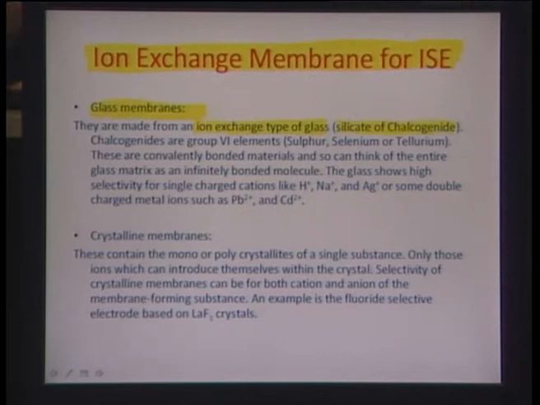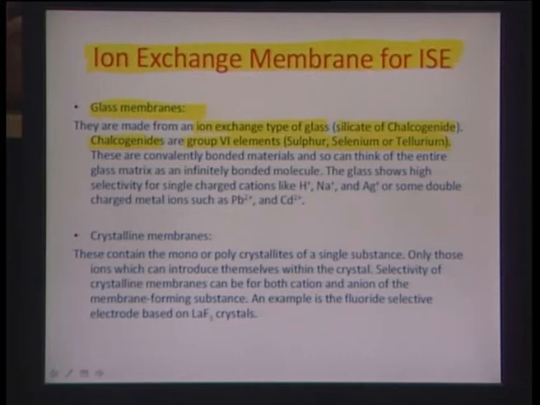Chalcogenides, if you just recall from group 6 of the periodic table, are sulfur, selenium or tellurium. These are also known as the chalcogenides, the group 6 elements of the periodic table. So, essentially the silicates of such metals form excellent ion exchange type of glassy materials.